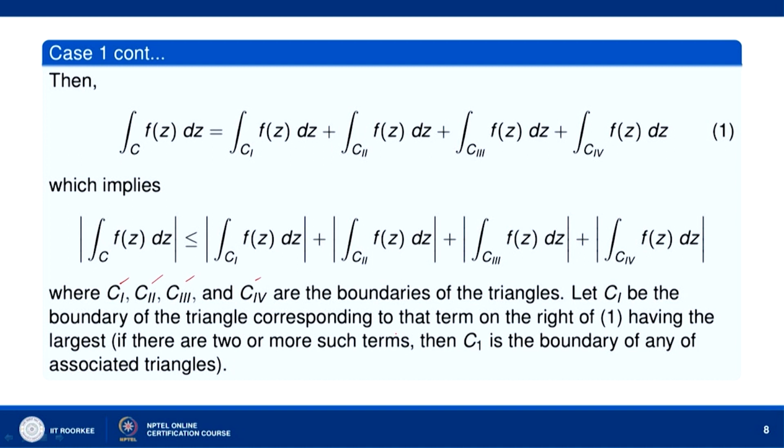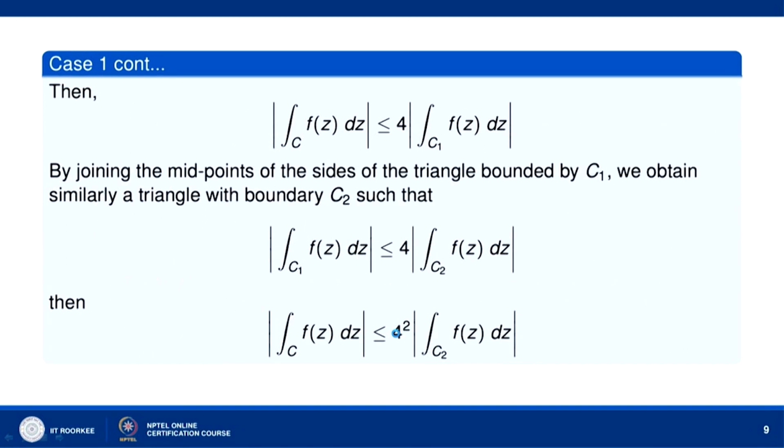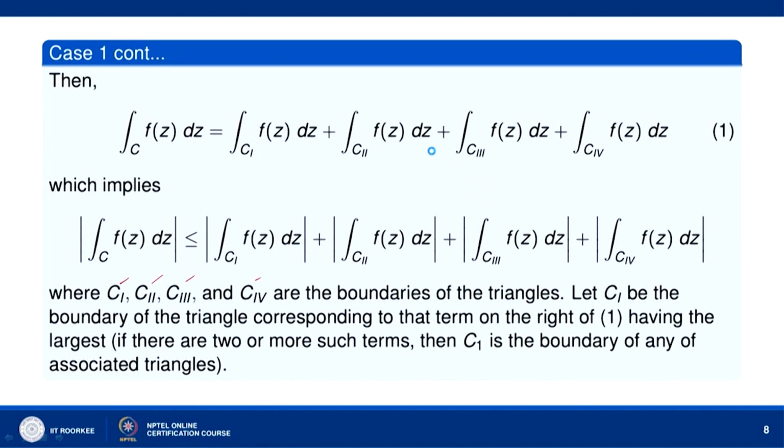Then the modulus of the integral over C of f(z) dz will be less than or equal to 4 times the modulus of the integral over C1 of f(z) dz, because C1 is the boundary of that triangle whose integral is the largest. So, each of the terms on the right side of this equation will be less than or equal to the modulus of the integral over C1 of f(z) dz.